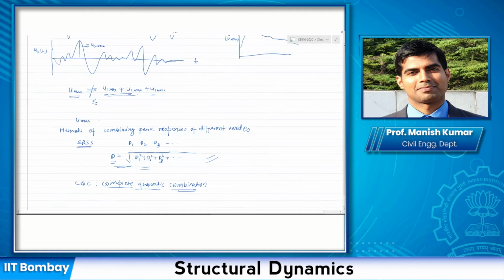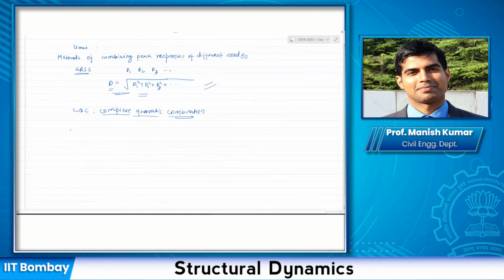This method is also called, as you will see in codes, the response spectrum method. The response spectrum method is nothing but a special case of modal superposition analysis.